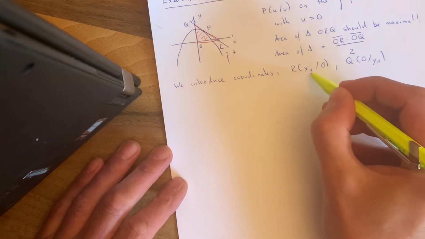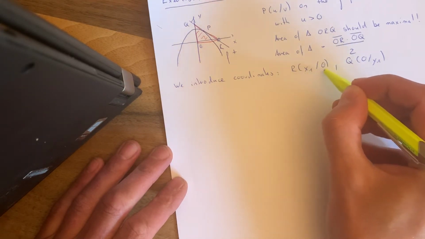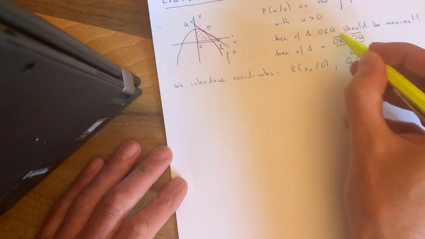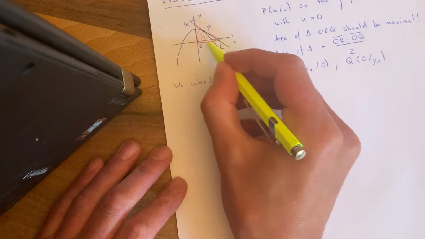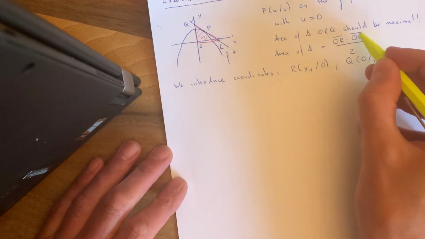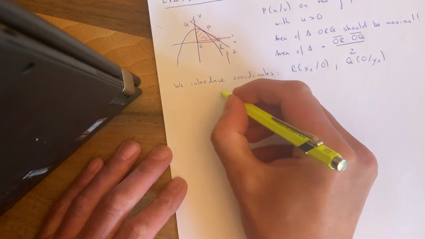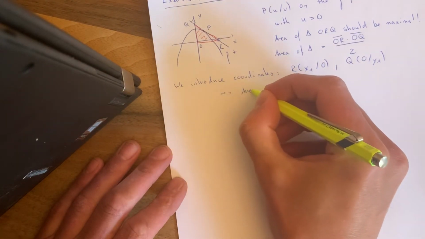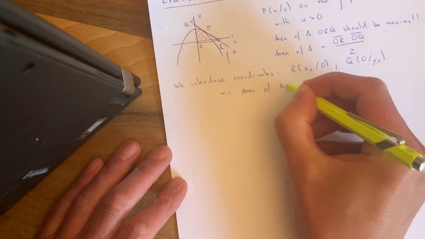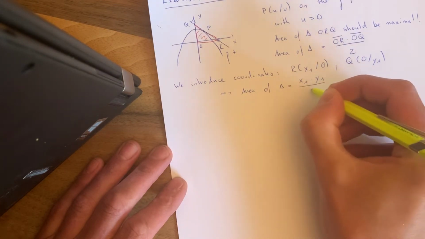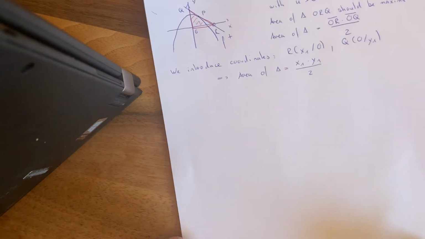If R has coordinates (x1, 0), and Q coordinates (0, y1), then OR here is x1, and OQ, which is here, is precisely y1. So the area of the triangle is in fact given by x1 times y1 divided by 2.